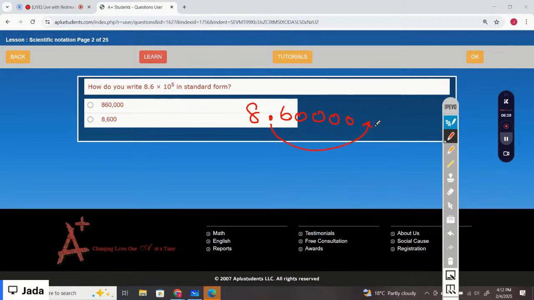Move the decimal point from here to here, that is 860000. Option number 1 is the correct option.